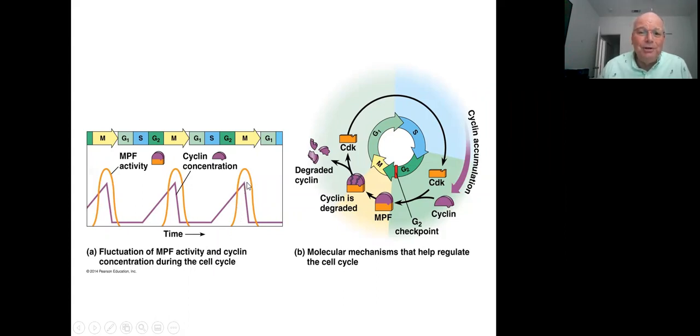But at this point, when it reaches its maximum, that protection is removed and cyclin is now degraded very, very rapidly all the way back to zero. And that is what leads to the loss of MPF activity, because in the absence of cyclin, the cyclin-dependent kinase shuts down, no more promotion of mitosis. And that happens very, very quickly.